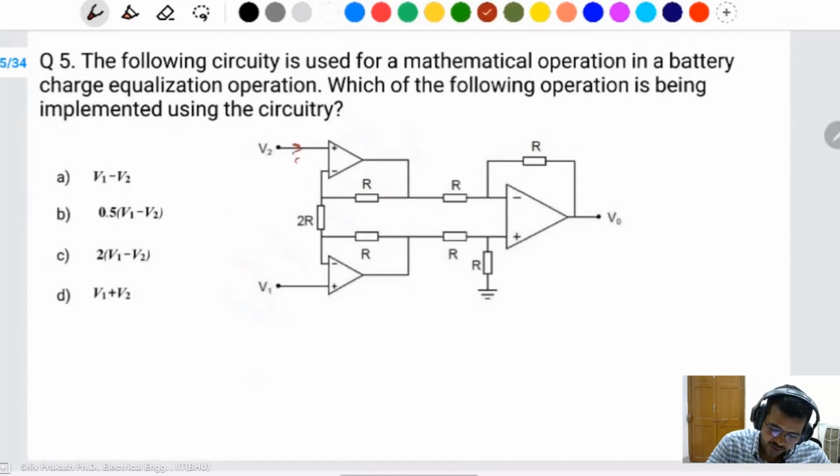This current will be 0, this current will be 0, because in the ideal case the amplifier has infinite input impedance. Sorry, this is not 0, this will be 0, this will be 0. Why? Because we have infinite impedance in ideal cases.